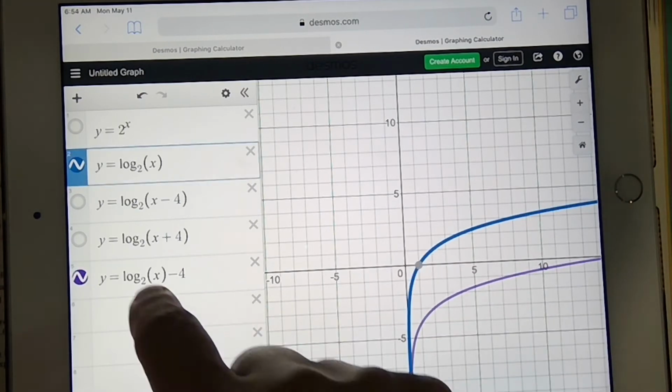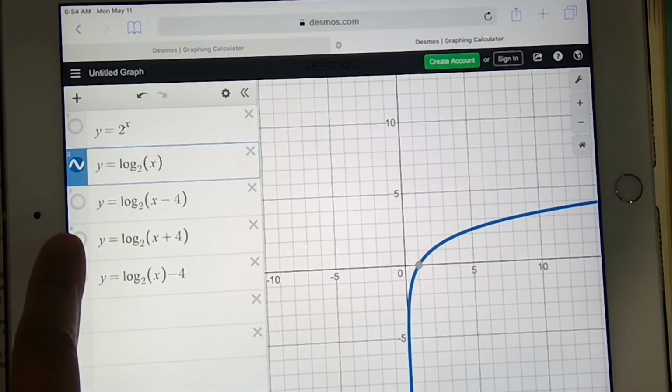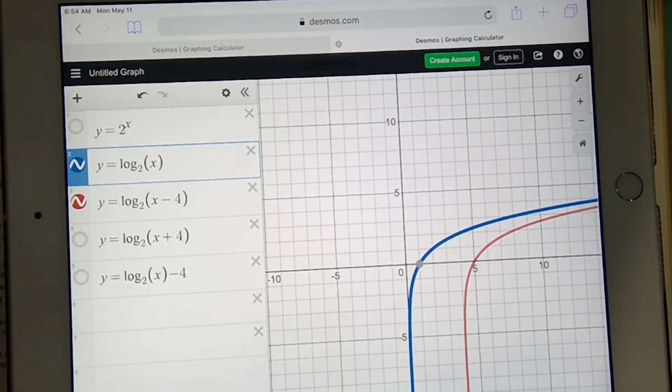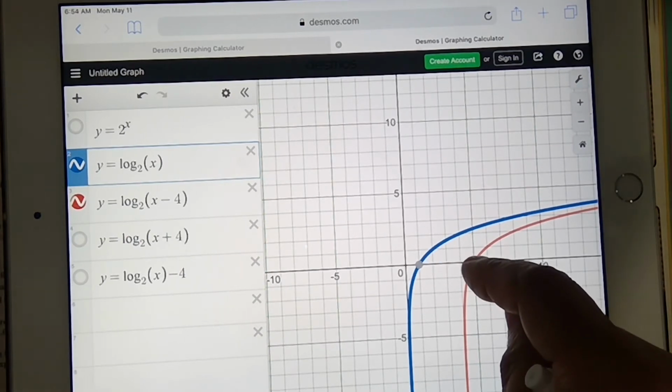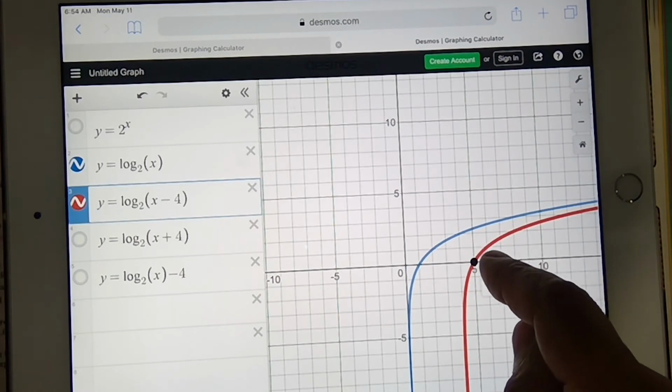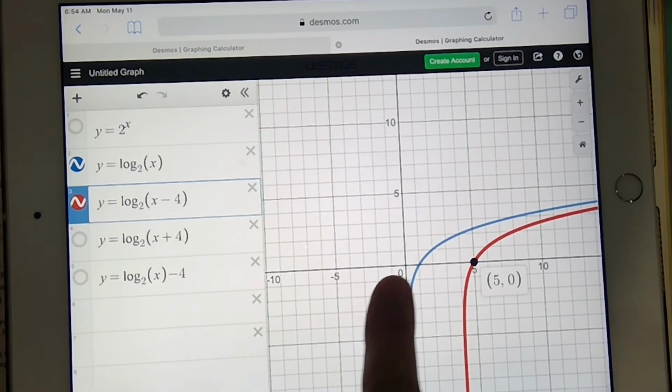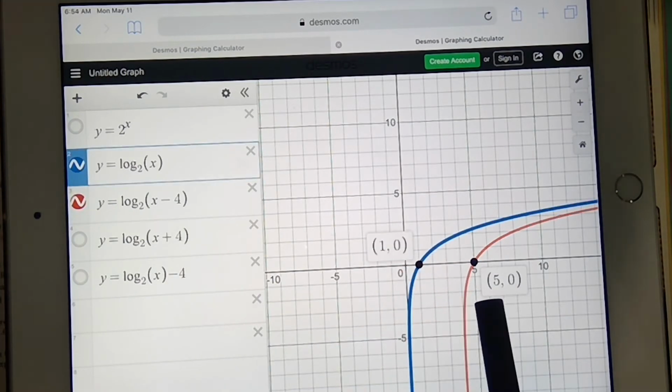All right, let's go back to this one, and we're going to change that one. Let's say that I added a 3 in the front. Well, what is a 3 going to do to your graph? We know that the minus 4 took this one and moved it over 4 units.